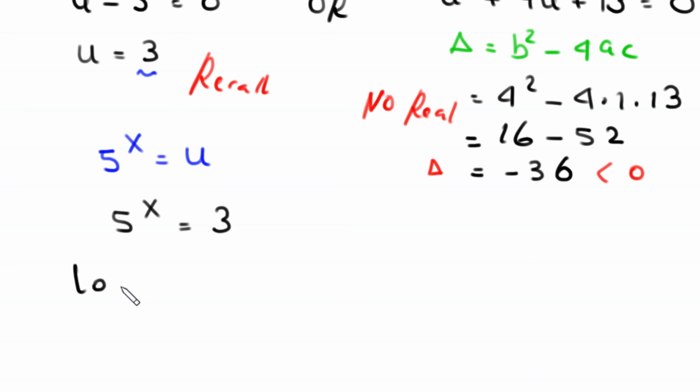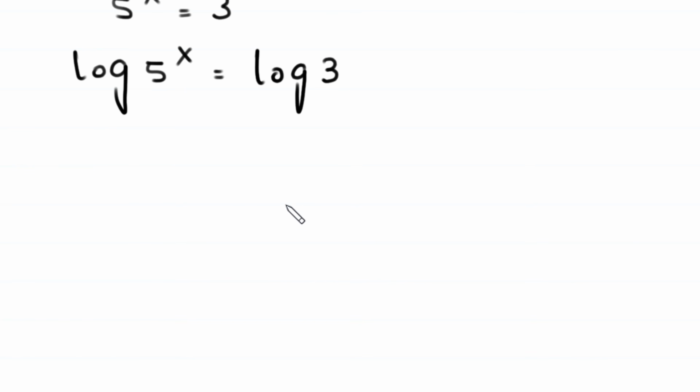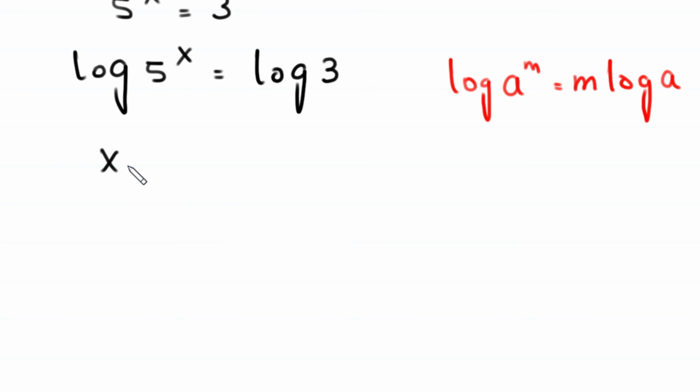This will become log of 5 to the power x equal to log of 3. By using this log property, log of a to the power m equal to m times log of a, this log of 5 to the power x will become x times log of 5 equal to log of 3.